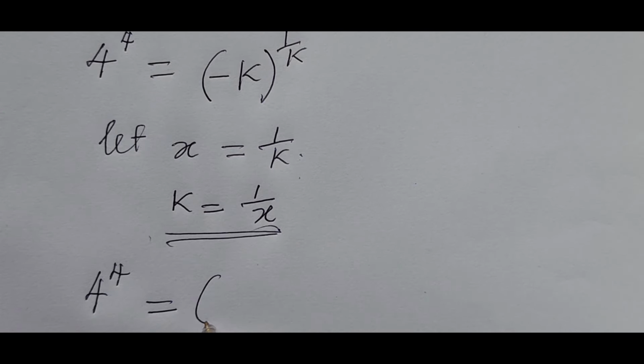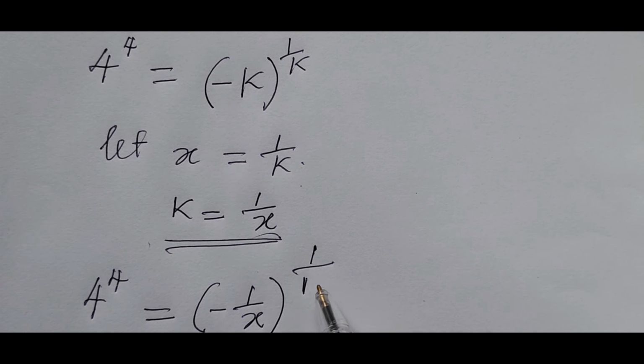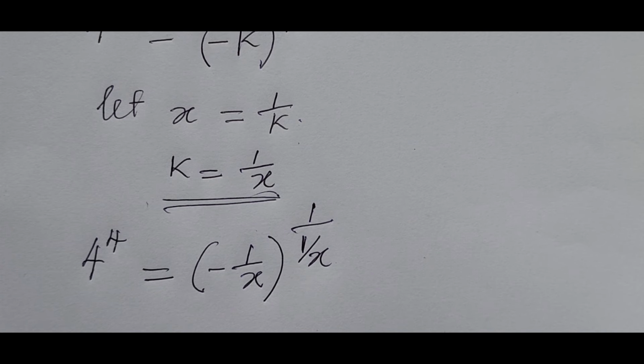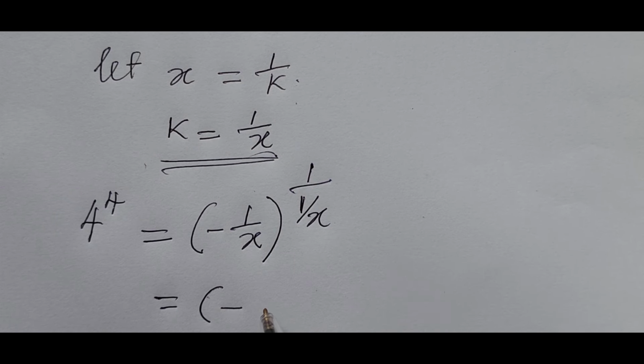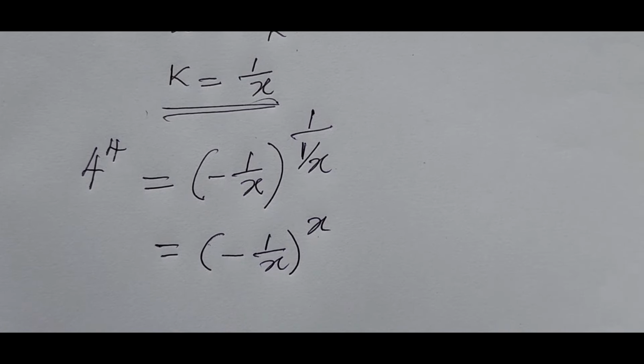So inside the bracket, we're going to have minus 1 over x, which is the value for k, all raised to 1 over, and the value for k here is also 1 over x. Right? Good. So if we simplify, this is going to give us the bracket minus 1 over x, all raised to x. Simple, right?